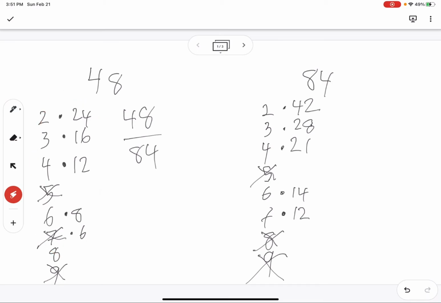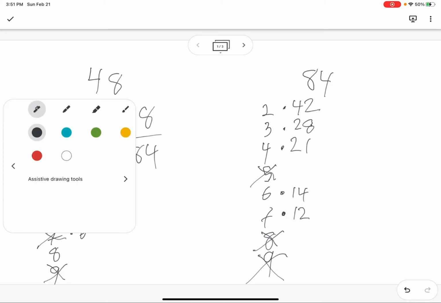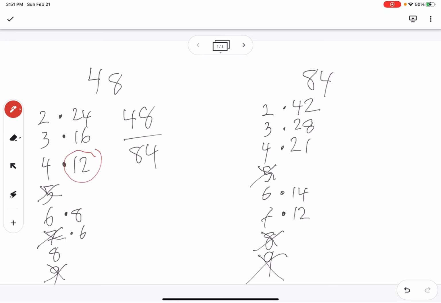We're starting with the largest number and seeing if it's on both sides. Is 28 over here? Nope. What about 21? Nope. Okay, 14? Nope. What about 12? Is 12 over here? It is. 12 is my highest common factor.